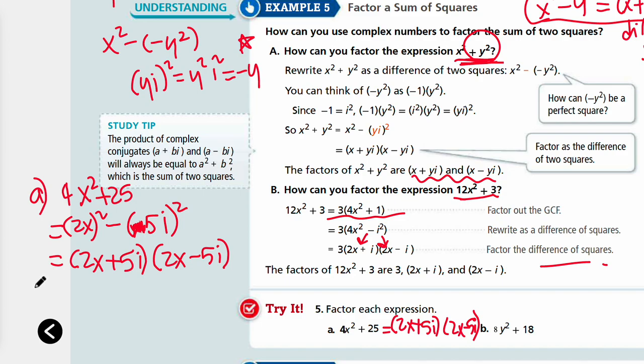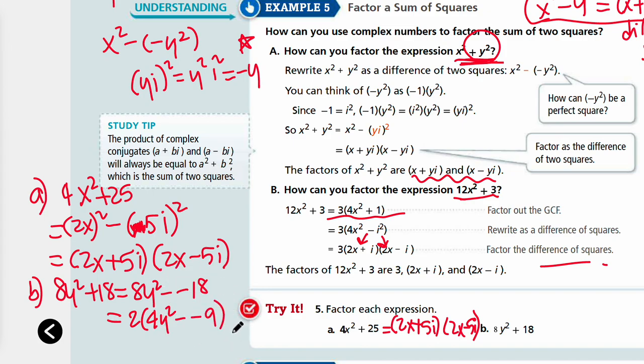All right, part B. 8y squared plus 18. You're going to rewrite this as 8y squared minus negative 18. And actually, let's factor out the GCF, which is going to be 2, right? 2 times 4y squared minus negative 9.